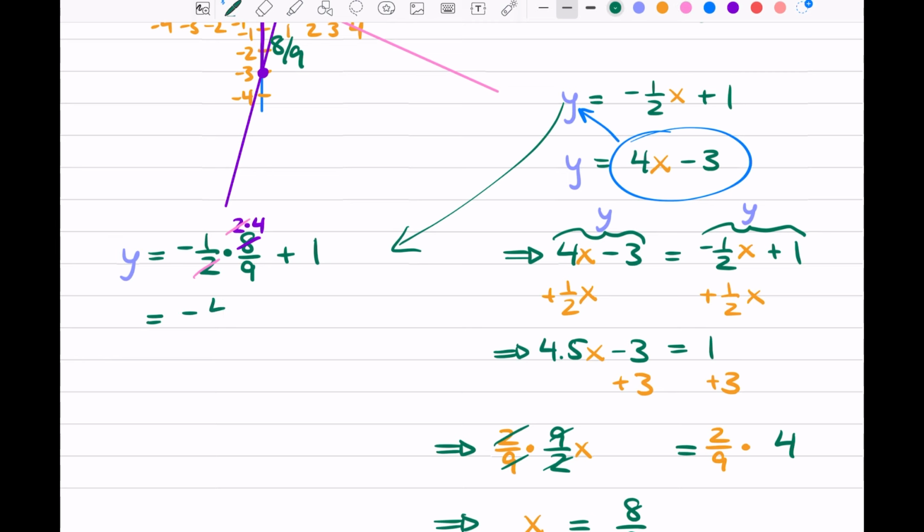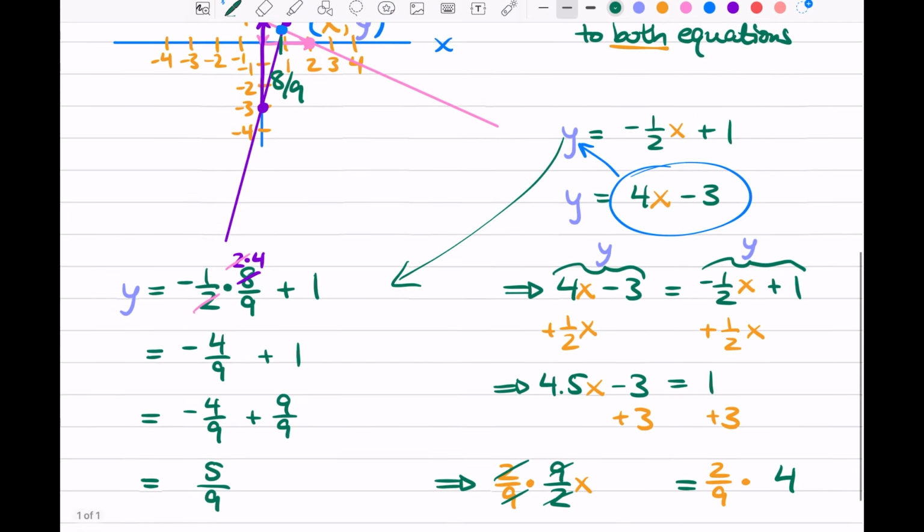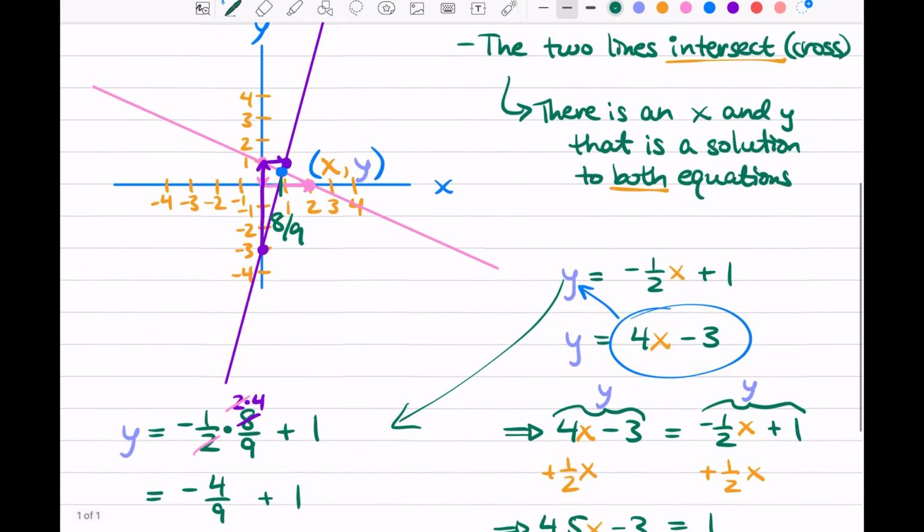And we're left with -4/9 plus 1. And we can rewrite our 1 as 9/9, so we have two fractions with like denominators. And that leaves us with 5/9. So now we know our purple y. Our purple y is 5/9.